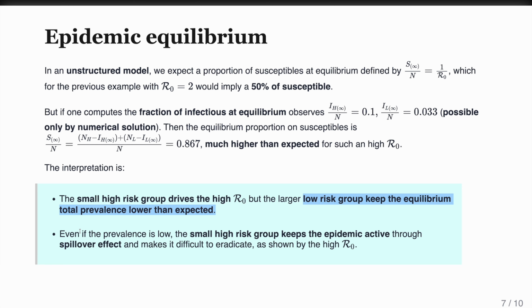But even if this prevalence is low, the small risk group is enough to keep the epidemic alive through something called a spillover effect, since a small number of infectious people in the high risk group is able to infect a large number also in the low risk group. And this produces the high R0 that we observe in the slave phase.